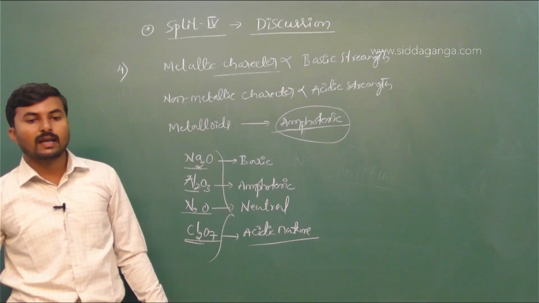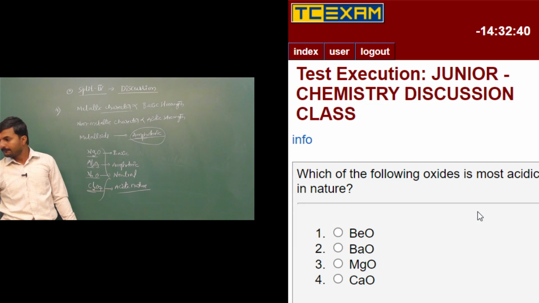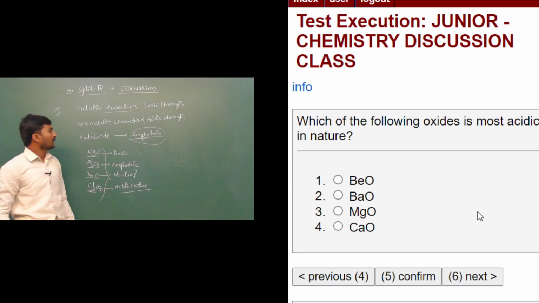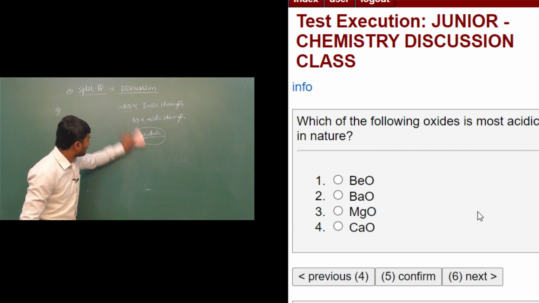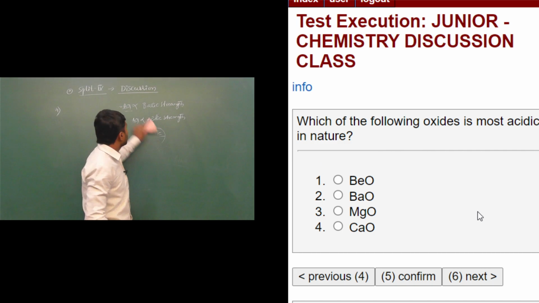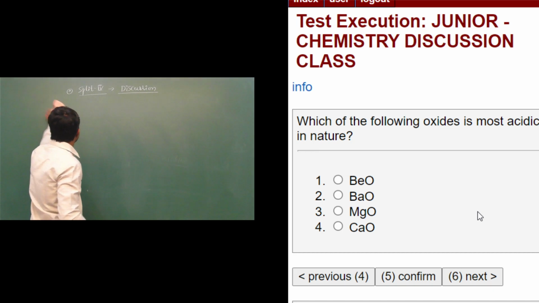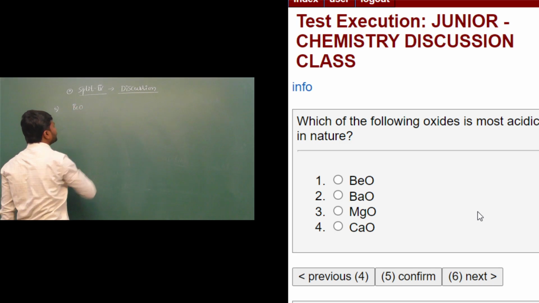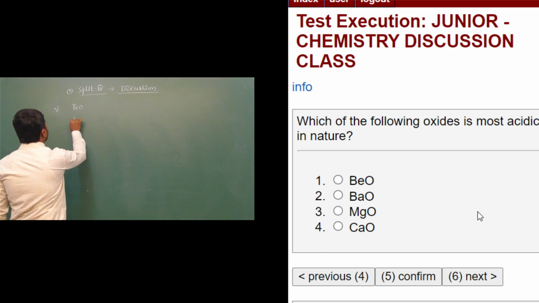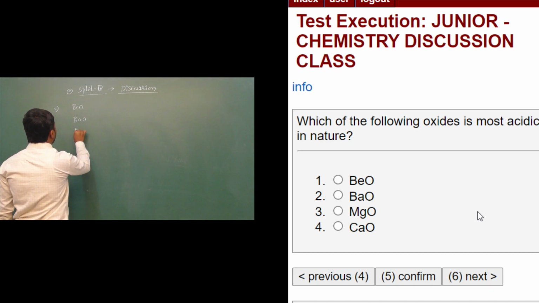So the next question is regarding the comparison of the acidic nature of different oxides. What are the different oxides they have given here? They have given beryllium oxide followed by barium oxide, then magnesium oxide and calcium oxide.